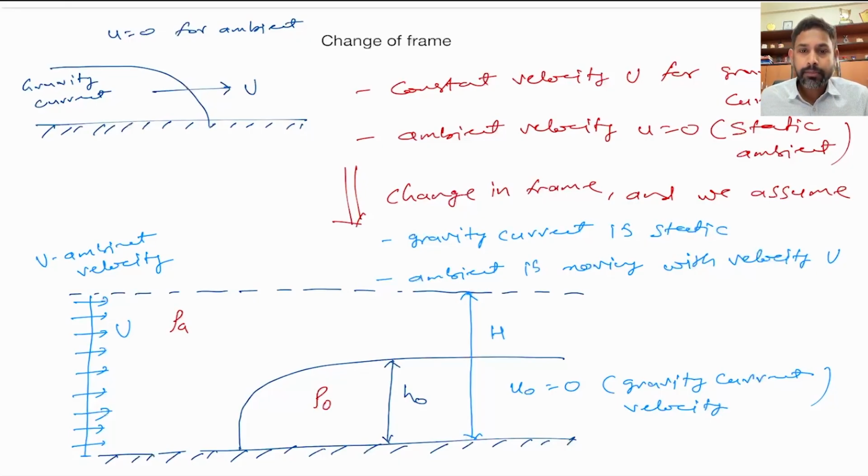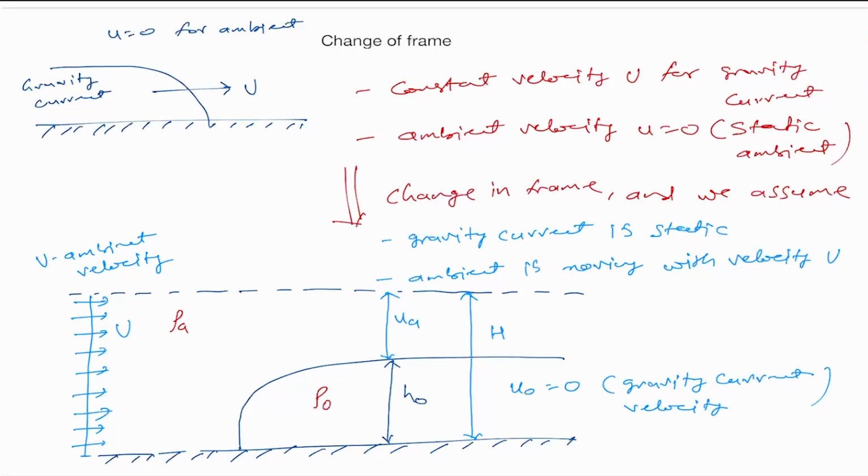And because some part of the whole medium is now occupied by the gravity current, the ambient fluid here will also have some velocity, and let's assume that is velocity ua.